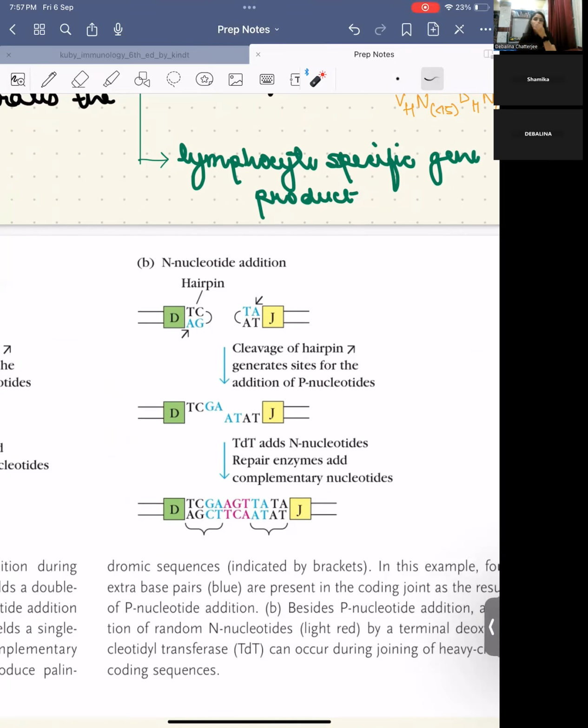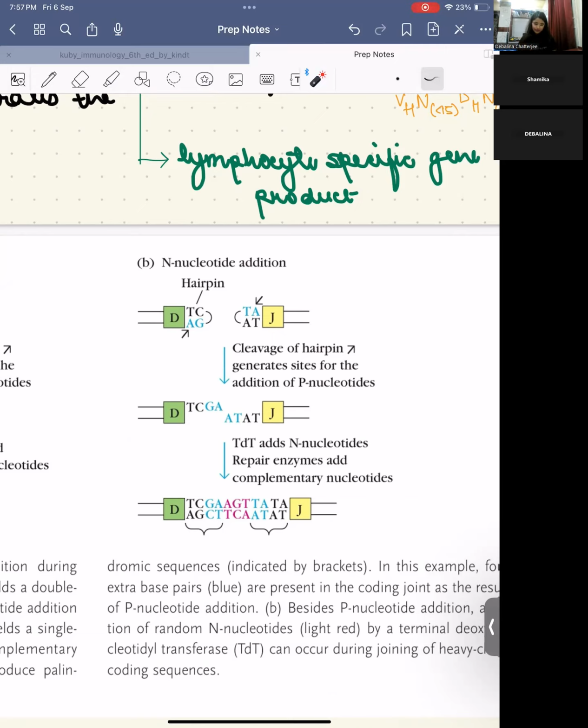So just imagine 15 nucleotides that can be added. We have four nucleotides, and any of these four can be added 15 times, giving multiple combinations. So this is one mechanism that tremendously adds to the diversification of the antibody molecule, right?